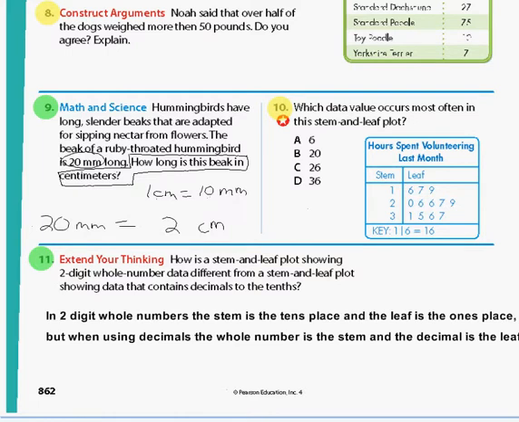I went ahead and typed it out for you, and what it says is, in a 2-digit whole number, the stem is the tens place and the leaf is the ones place. But when using decimals, the whole number is the stem and the decimal is the leaf. And you've seen it on some of the other pages that we've worked on and on the previous page on how that works.